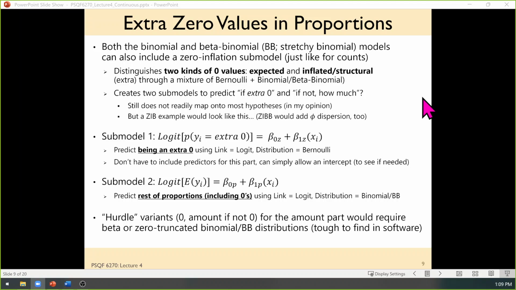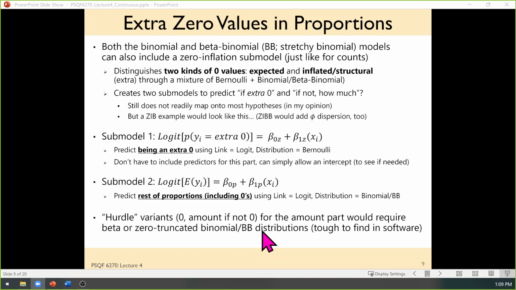You can either fit the 0 inflated versions of the models, and so this is what we talked about last time, being the one that's easier to find in software, but that makes less sense, because then you have a submodel to predict the logit of being an extra 0, and the zeros are also still part of the original binomial or beta binomial distribution. So there's 2 kinds of zeros to be predicted, and there's no way to know which kind a person has because all you know is that they're 0.